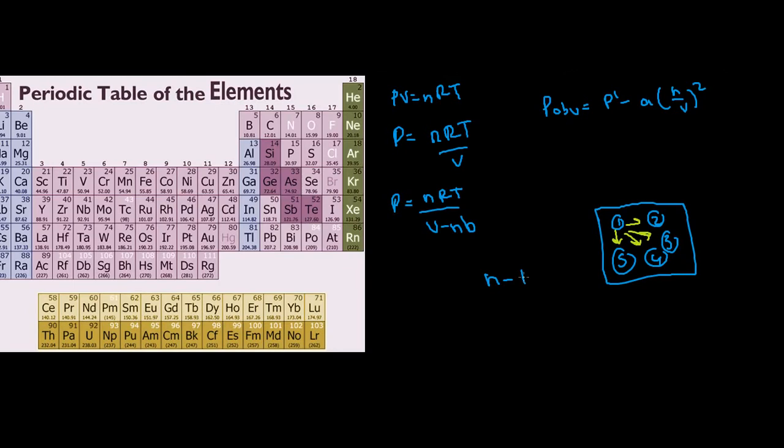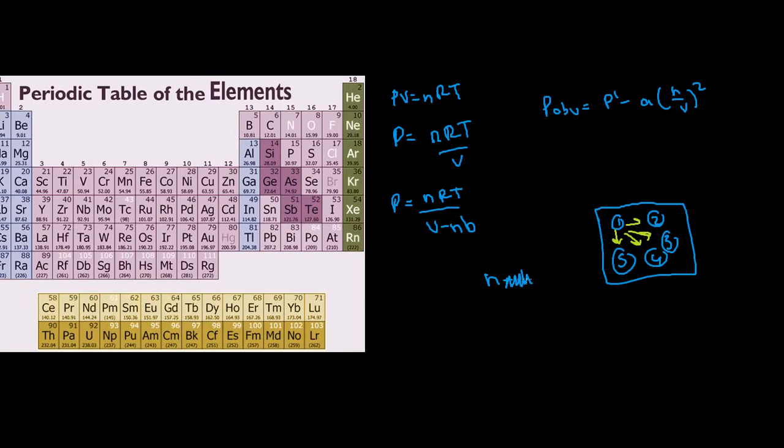Normally I'm going to be dealing with moles, and 1 mole is 6.02 times 10 to the 23rd. And 6.02 times 10 to the 23rd minus 1, for all intents and purposes, is 6.02 times 10 to the 23rd. So I'm going to ignore this -1 and just say that it's n.